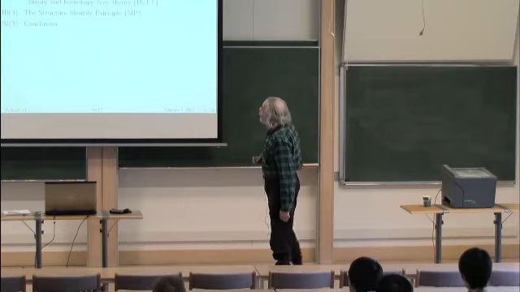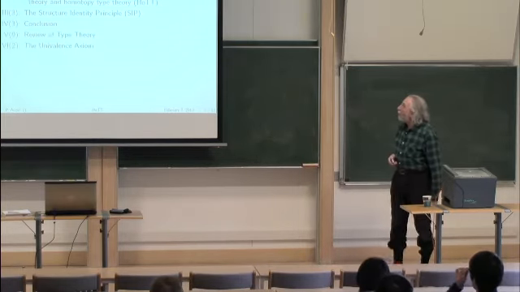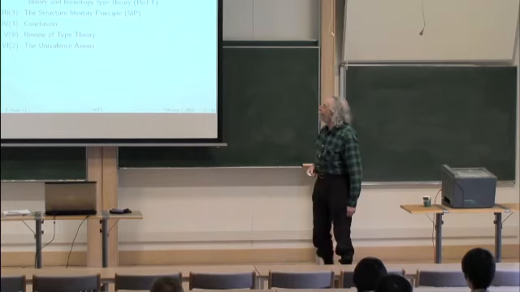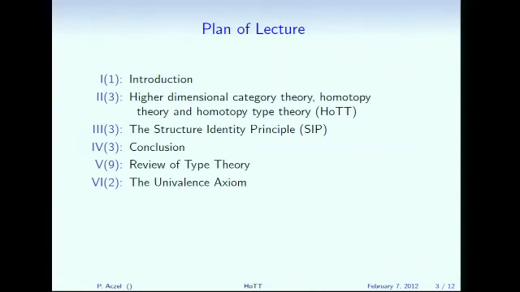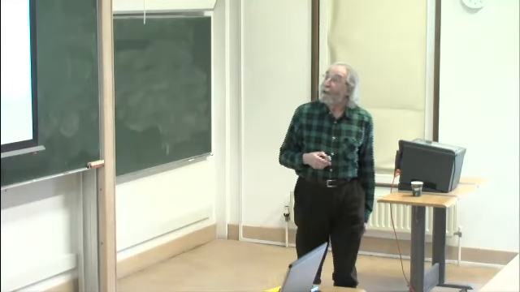The way I'm going to do it is via the structure identity principle, where there are 3 slides on it. If there was time, there would be topics 5 and 6, which would be a review of type theory and a precise definition of the univalence axiom, a key axiom to be added to dependent type theory, which would give rise to something like the structure identity principle.